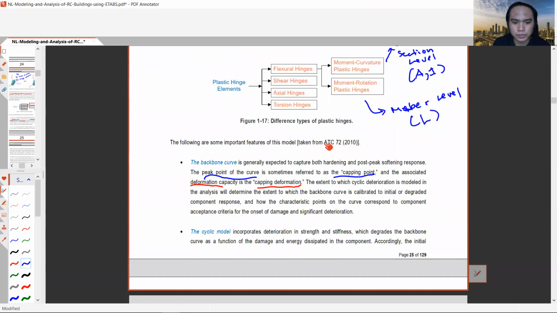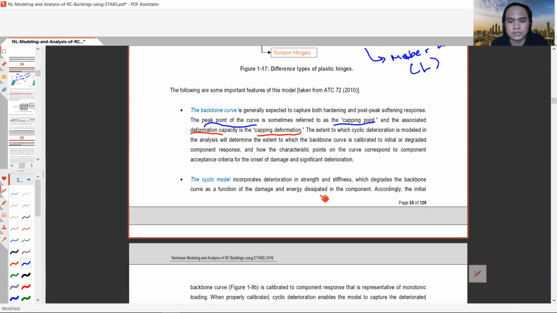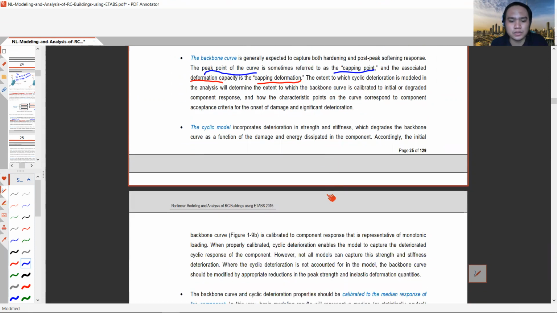So according to the document we are reading, the cyclic model incorporates the deterioration in the strength and the stiffness, which degrades the backbone curve as a function of the damage and energy dissipated in the components. So accordingly, the initial backbone curve given in figure 1-15b is calibrated to component response that is representative of the monotonic loading.